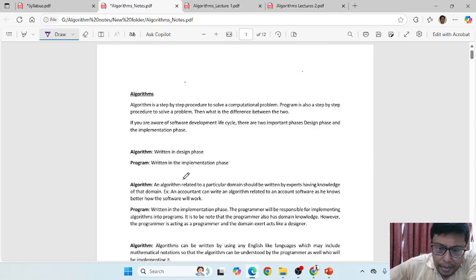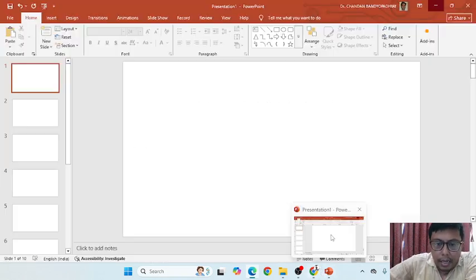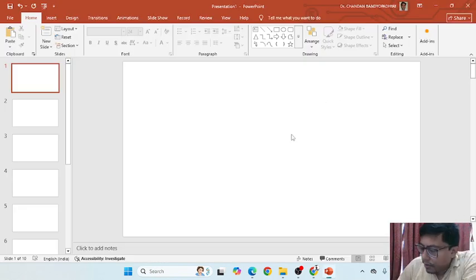Now, I think if you are aware of the software development life cycle. If you do not have the concept of the software development life cycle, let me explain it.